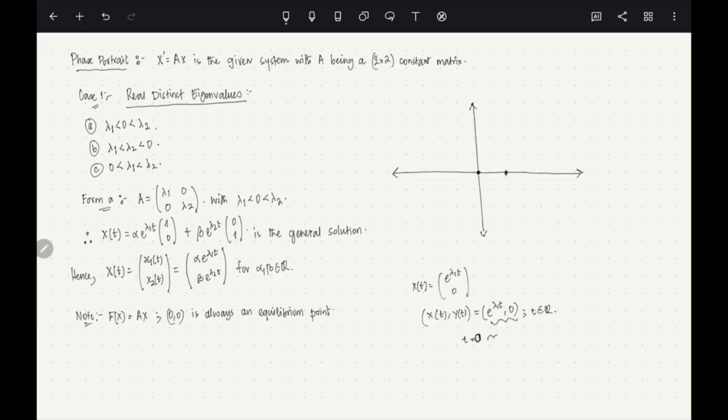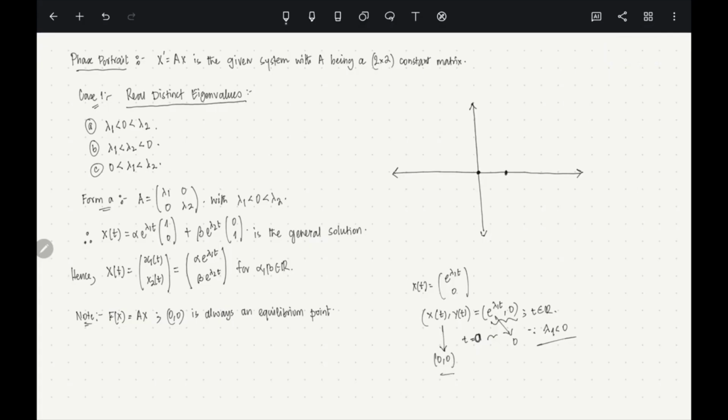Now you see, it's given lambda_1 is negative, right? So since lambda_1 is negative, as t tends to infinity, this particular thing is going towards 0. You understand? So essentially this vector approaches the equilibrium point (0, 0).